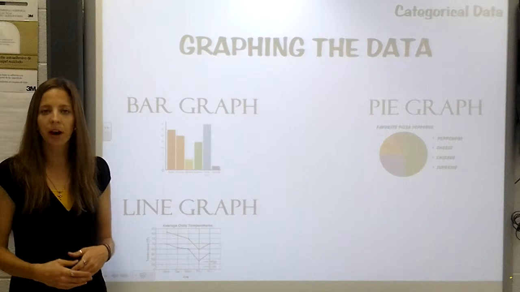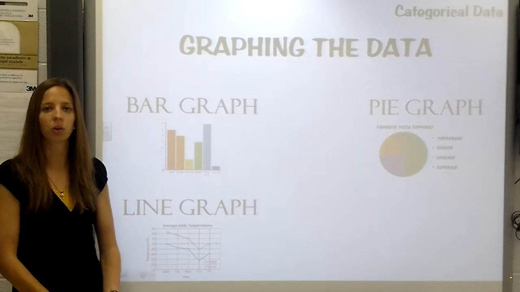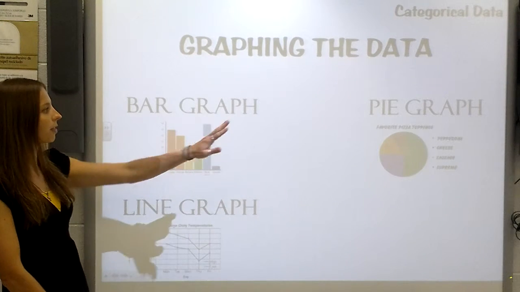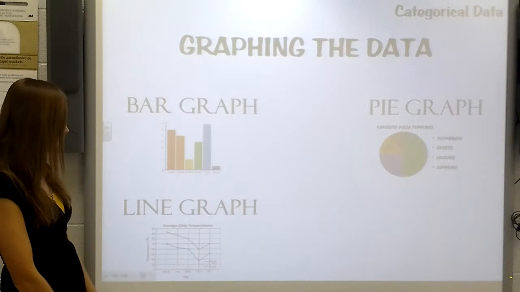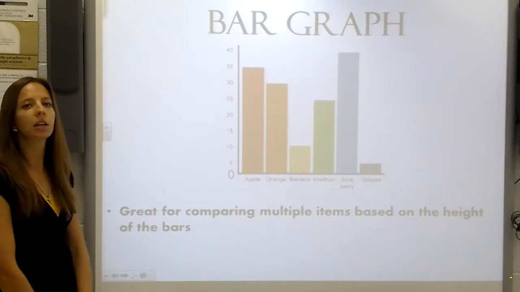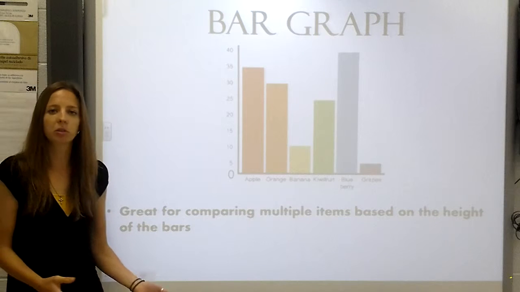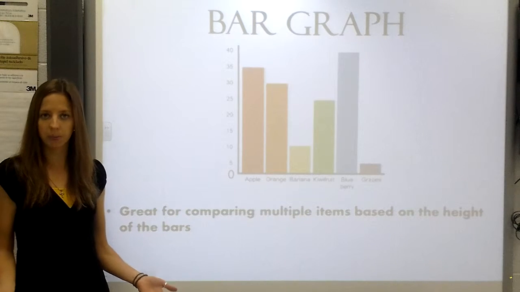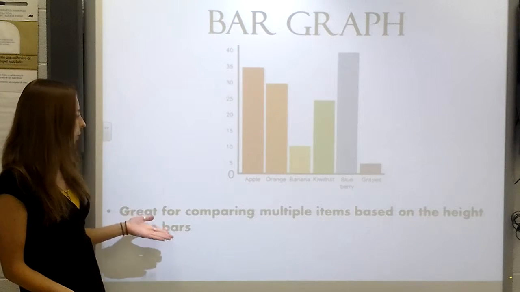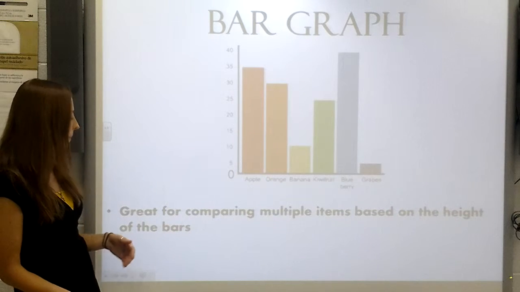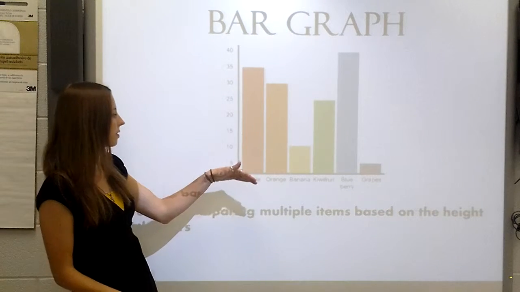So the three types of graphs that we're going to talk about with categorical data are the bar graph, the pie graph, and the line graph. Starting with the bar graph, this is the most common form of a graph that we typically see. It's great for comparing multiple items based on the height of the bars.